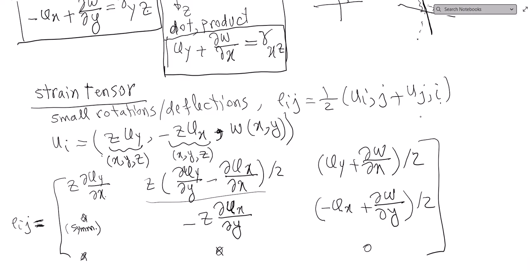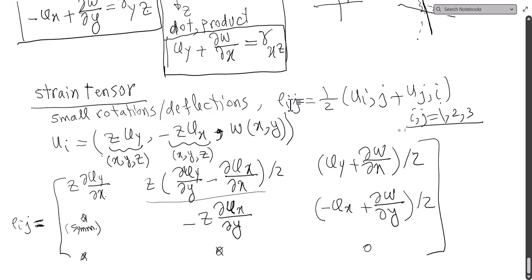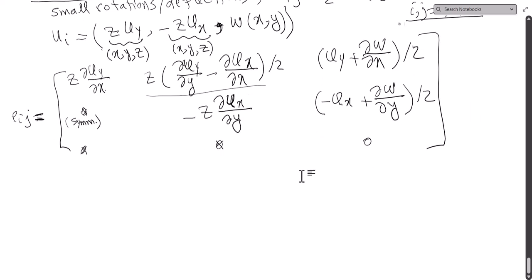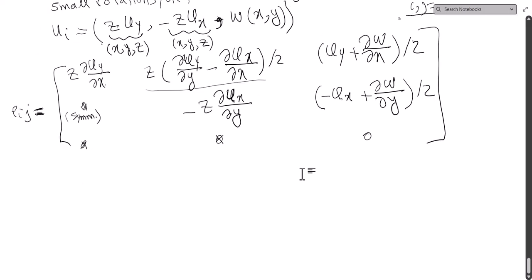So these i and j go from 1 to 2 to 3. So for example, if you want this one, E33 or Ezz, it becomes dw dz. The 2 goes away, but it doesn't matter, because dw dz is 0 since w is not a function of z. So let me label this.